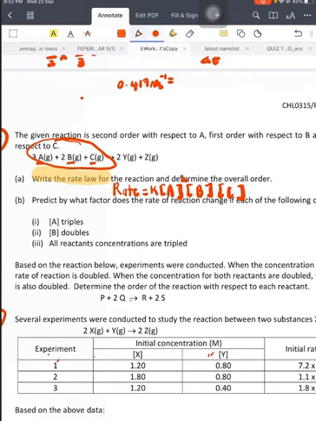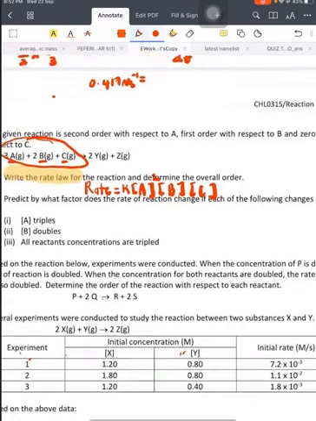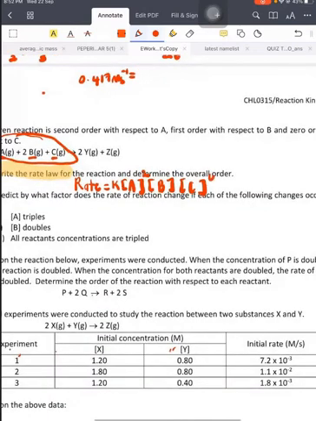First order with respect to B, meaning B is to the power of 1. And C is zero order, so the power is zero. We know anything to the power of zero equals 1, so we don't even need to write C, because it plays no role in determining the rate of reaction. So your rate law can be simplified like this: rate equals k [A]^2 [B]^1.